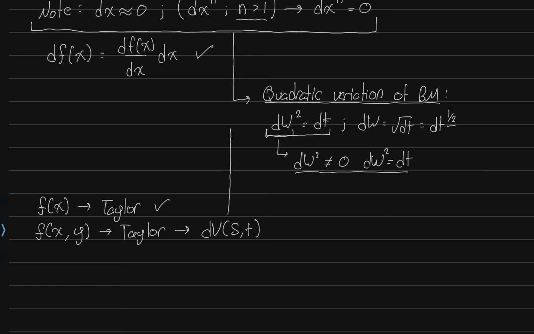We can also incorporate this fact to find a full expanded out model of our dV. So in the next video, we'll be talking about the multivariable form of a Taylor expansion.